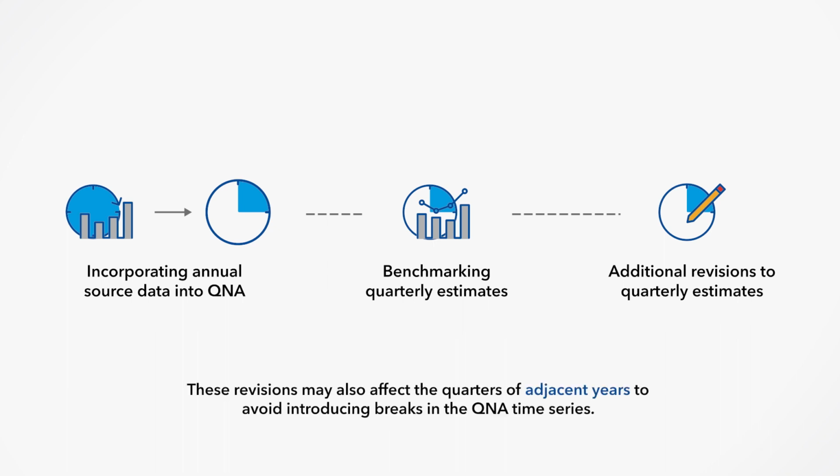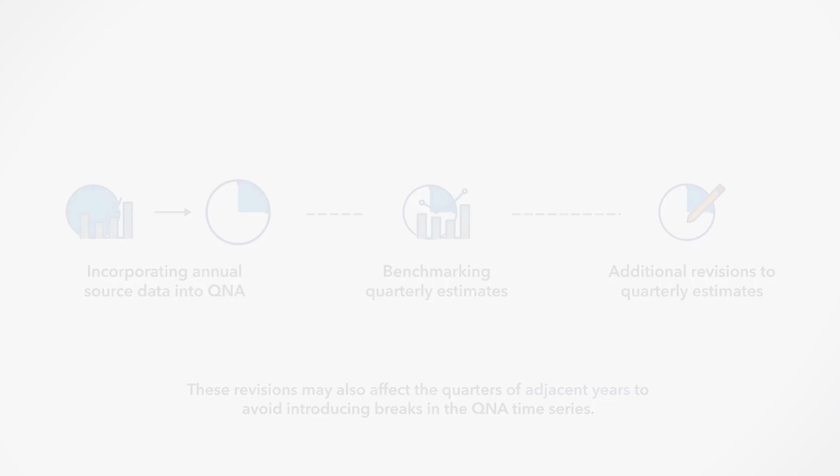These revisions may affect not only the quarters in the year of the new annual data that is used for benchmarking, but also the quarters of adjacent years to avoid introducing breaks in the QNA time series.